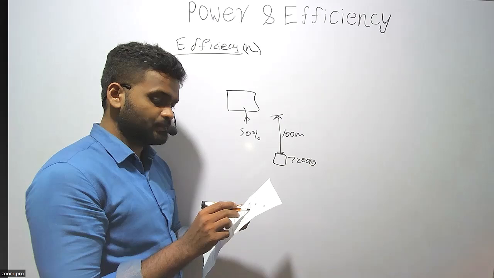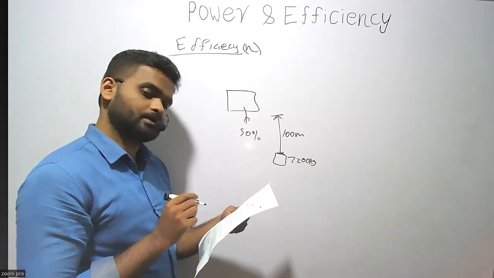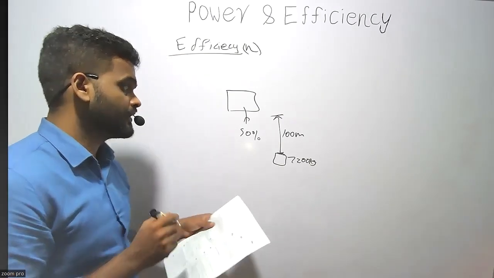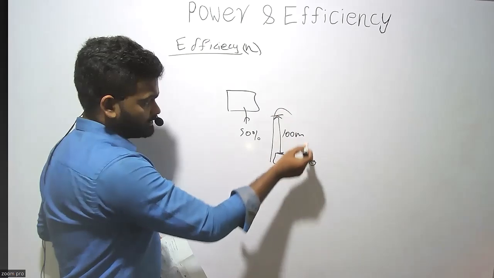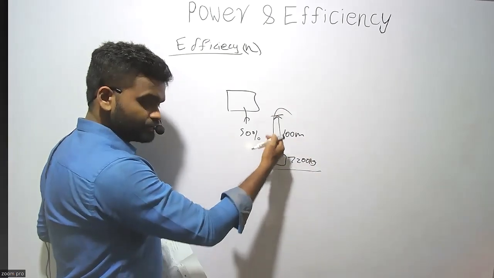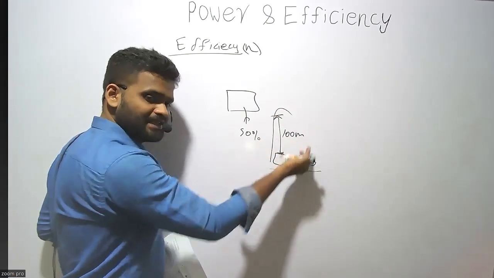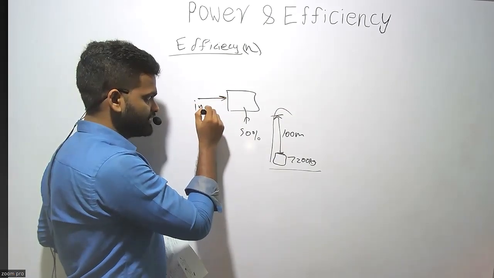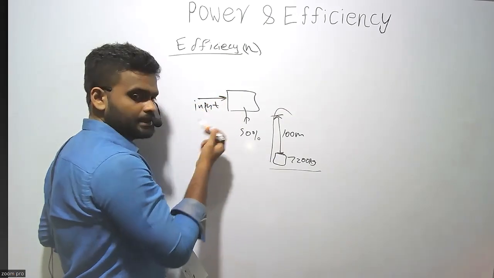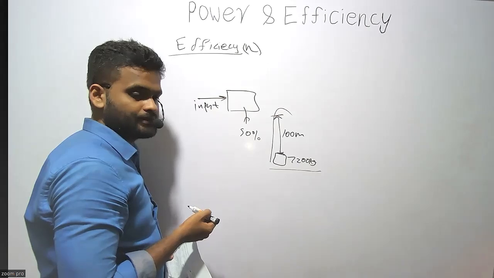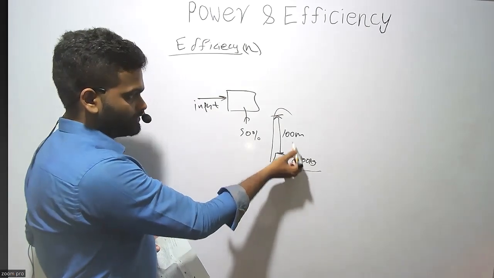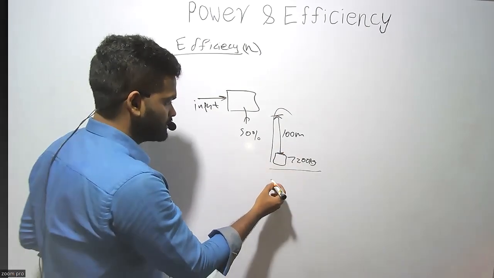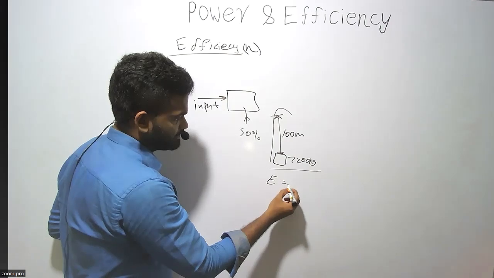What they ask is the input power of the motor. They ask for the input, not the output. This is actually the useful work, the output we need from the motor. In order to gain that output, we have to provide an input, usually electric energy. Let's calculate the energy here.